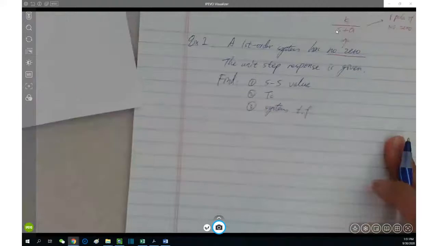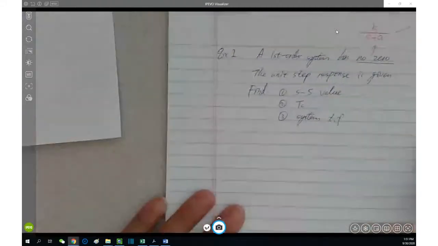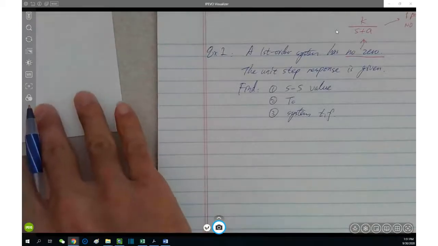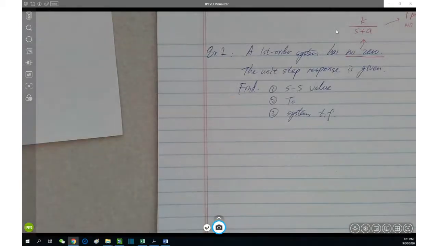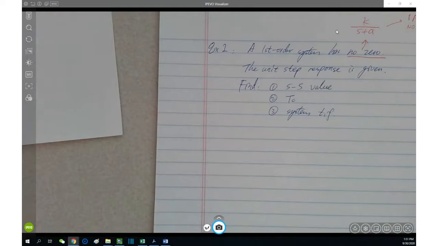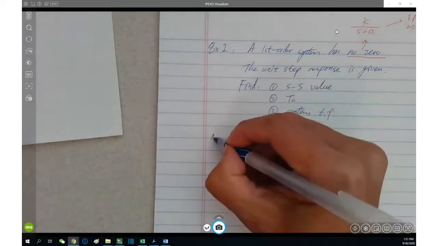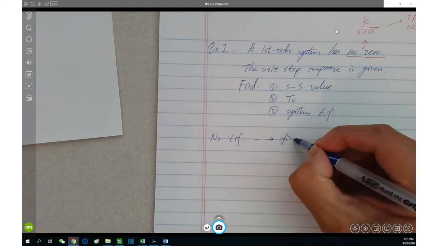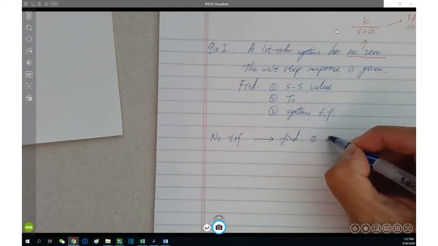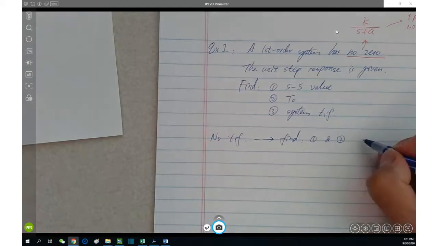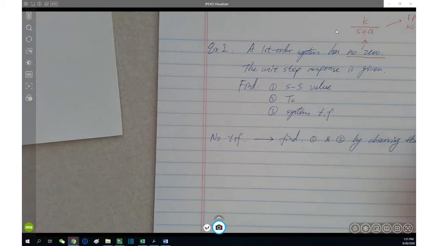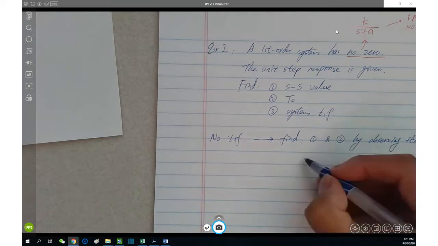So first of all, you need to understand the problem. This is actually not telling you the transfer function. Instead, it is looking for the transfer function. So no transfer function. So we need to find the answers to question 1 by observing the given graph, right?